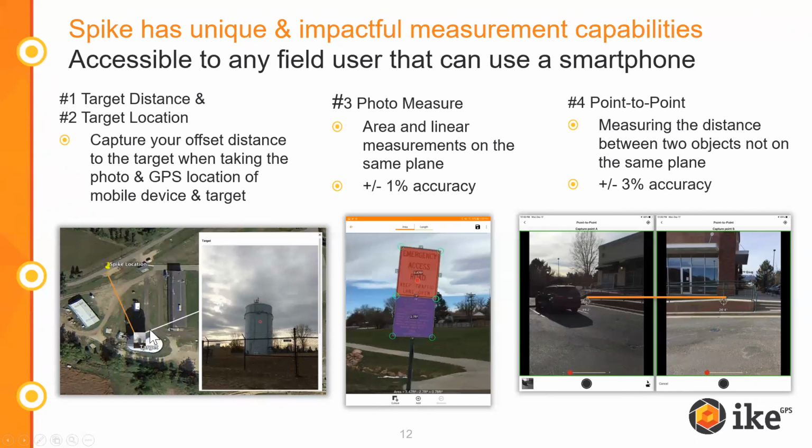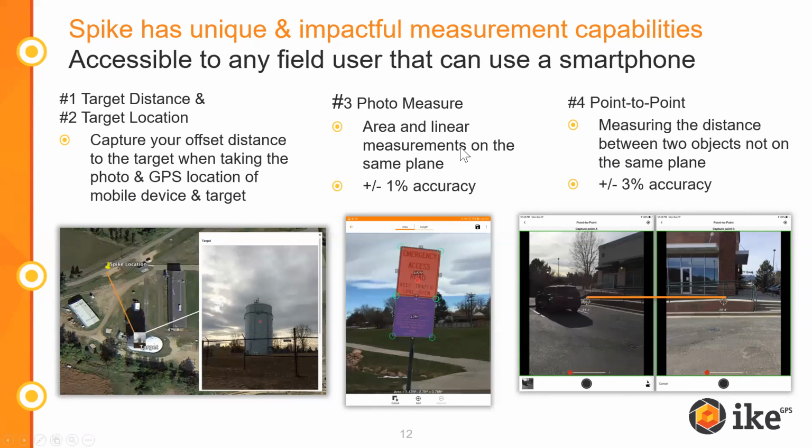That's all captured within the metadata. Think about how useful it would have been when you have a feature that's maybe across a river, in private access that you can't get to for whatever reason, to be able to capture this type of information. So that's distance and two forms of GPS location that we do.